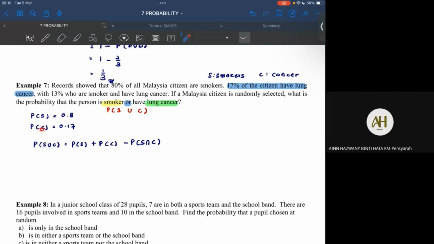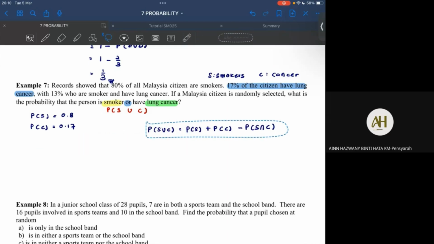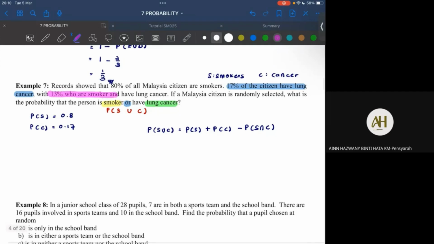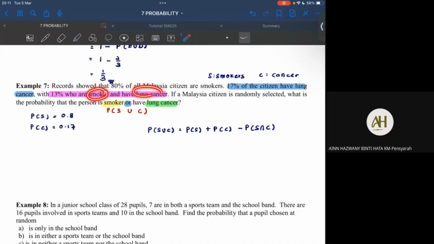So have lung cancer 0.17. And then kita ada 13% who are smoker and have lung cancer. Okay. Smoker, lung cancer, and ada N dekat sini. So question give us PS intersect C. So kita ada 0.13. Okay, so basically kita ada semuanya. So 0.8 plus 0.17 minus 0.13.